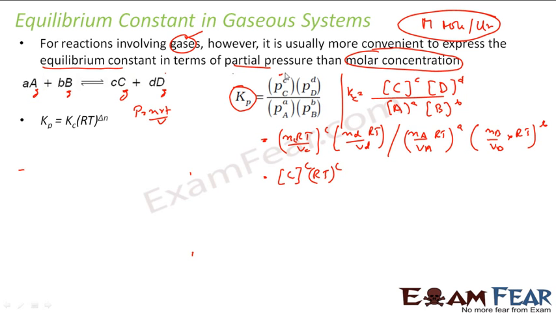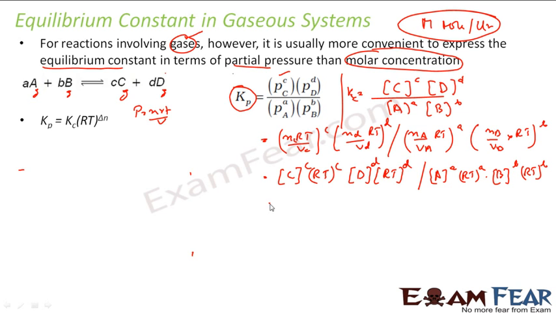This was for C. Now for D, it will be concentration of D to the power d into RT to the power d, divided by moles of A by volume of A, which is concentration of A to the power a and RT to the power a, and moles of B by volume of B, which is concentration of B to the power small b, RT to the power b.